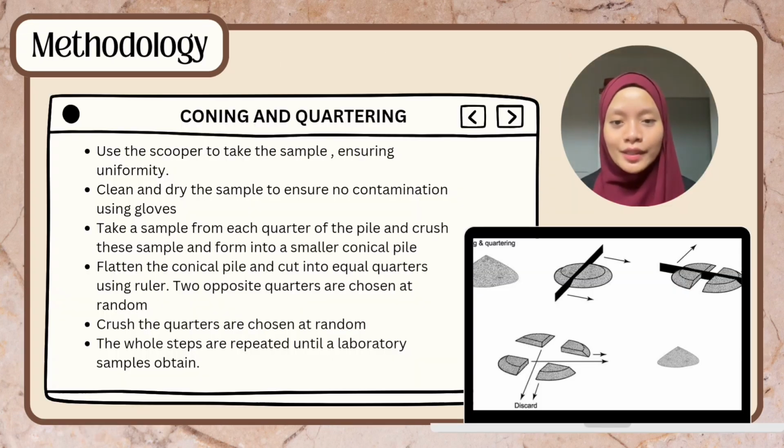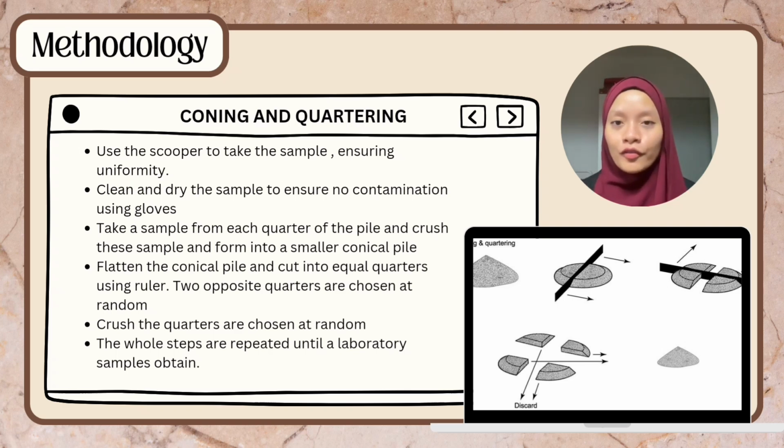Next, I would like to explain the procedure of how to use the coning and quartering method to determine the soil texture. Number 1, use the scooper to take the sample, ensuring uniformity. Number 2, clean and dry the sample to ensure no contamination, using gloves. And number 3, take a sample from each quarter of the pile, crush this sample and form it into a smaller conical pile.